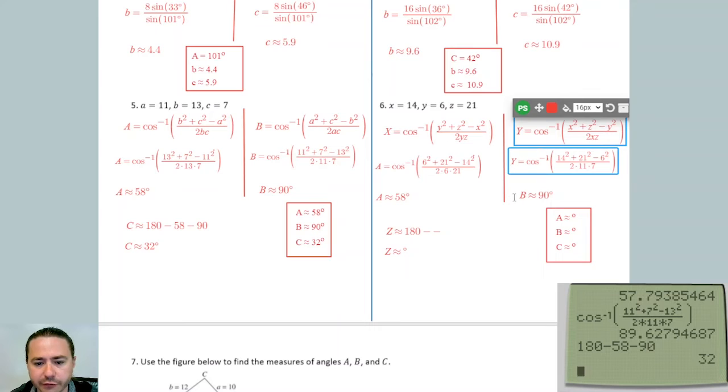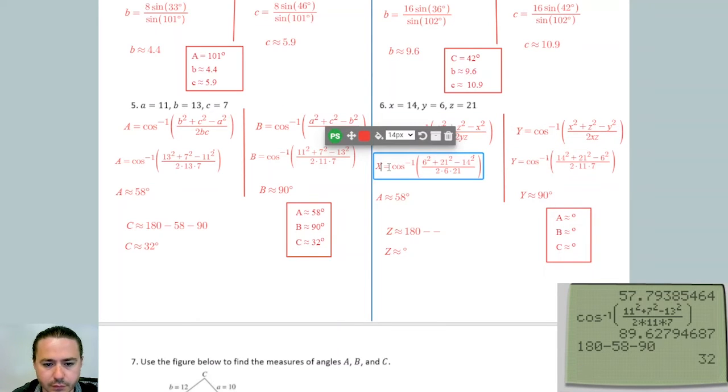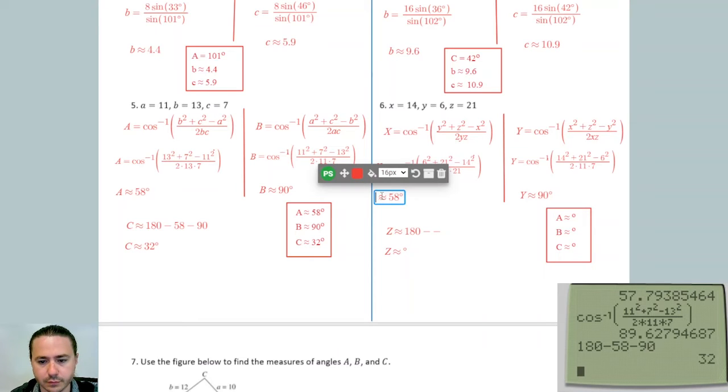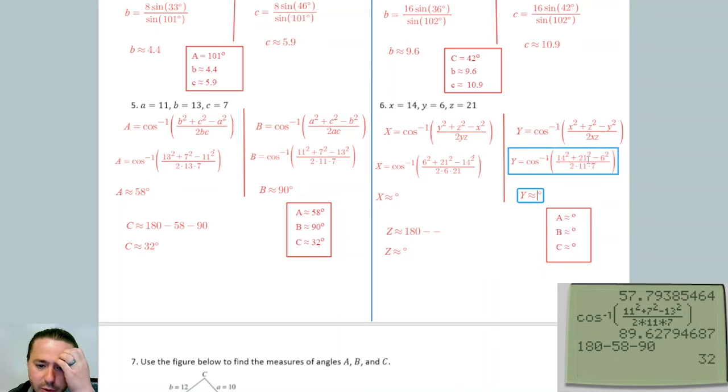And I think I need to fix this as well. Okay. Did I fix the bottom there? No, I didn't. I got carried away. So X here is 14 and Z is 21.